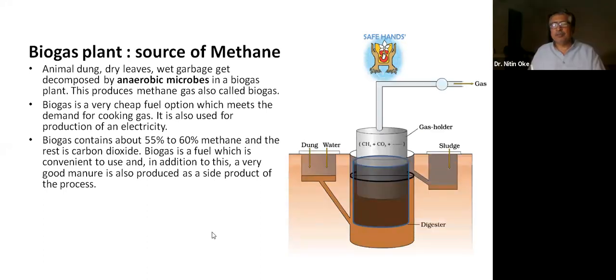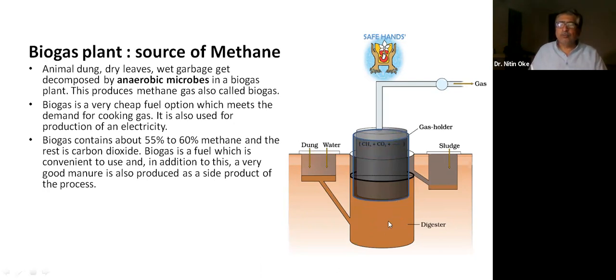This is the way how the particular thing is. And as the gas increases, at that time, this dome comes up in this way. So due to the weight of the dome, the air, which is actually methane and carbon dioxide, is compressed. And that particular is giving the gas under pressure.